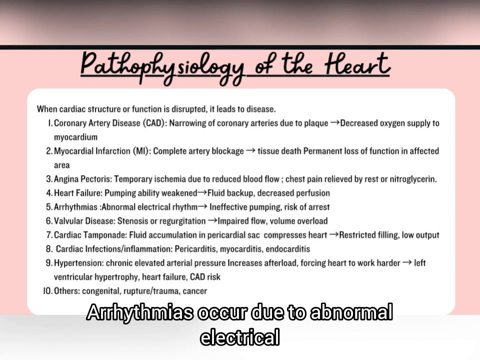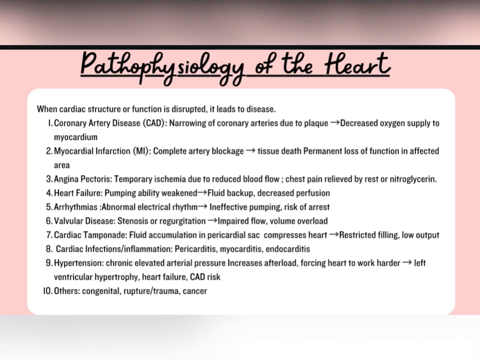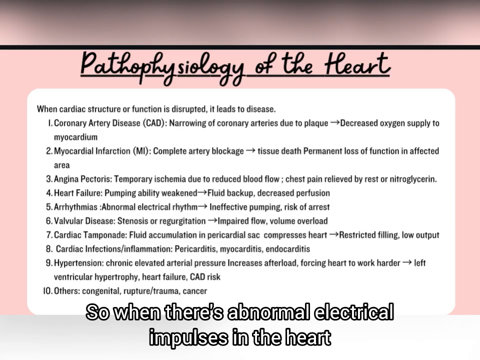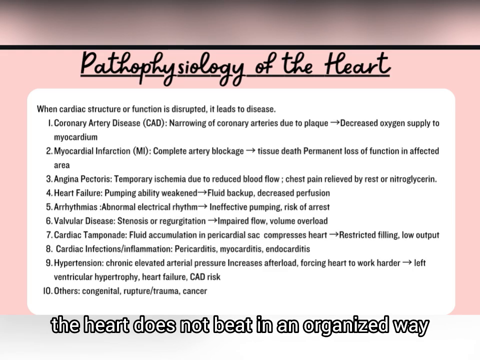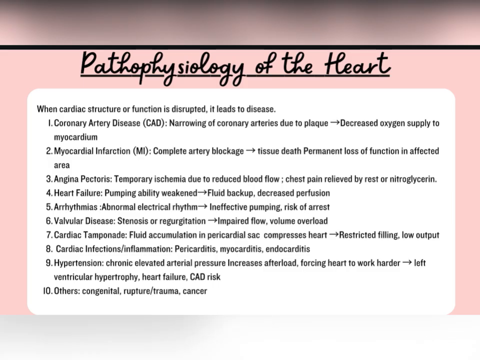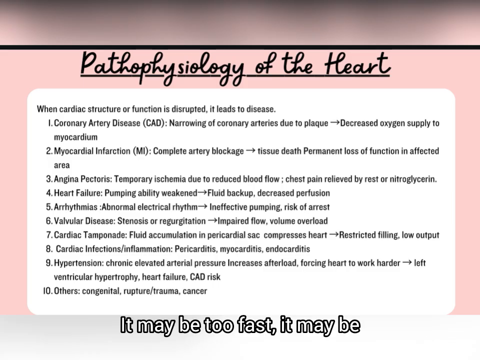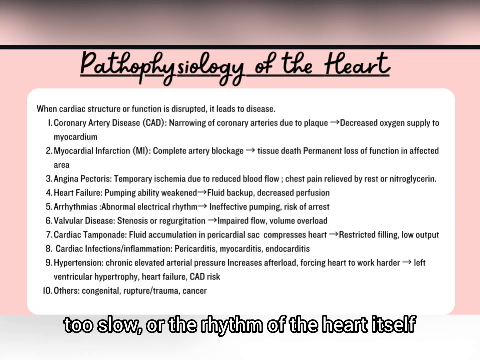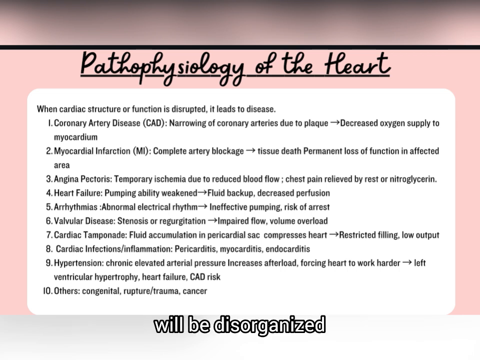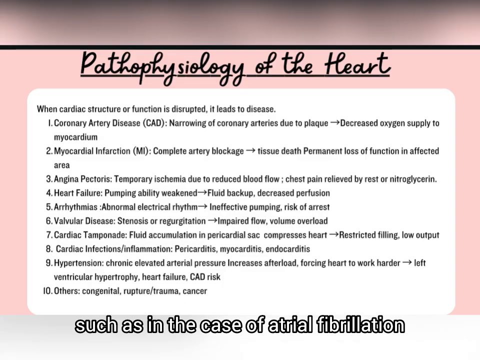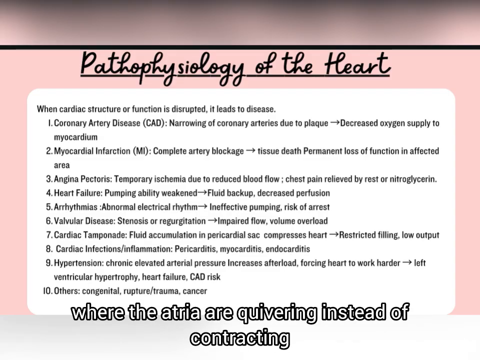Arrhythmias. Arrhythmias occur due to abnormal electrical rhythm in the heart. When there are abnormal electrical impulses, the heart does not beat in an organized way. It may beat too fast, it may beat too slowly, or the rhythm of the heart itself will be disorganized, such as in the case of atrial fibrillation, where the atria are quivering instead of contracting.